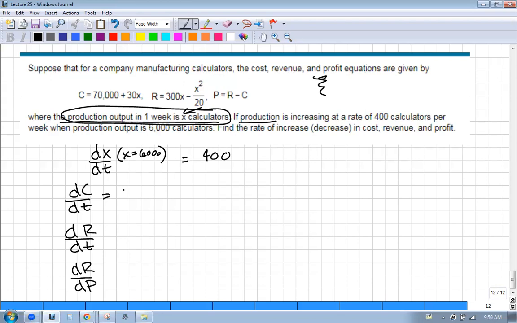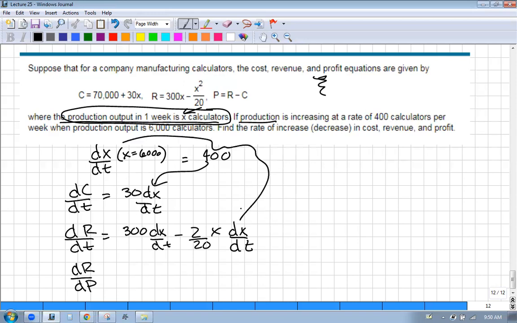This one would be 300 dx/dt. So dx/dt is 400, just plug that in. This one would be 300 dx/dt minus 2 over 20 x dx/dt. So here, take the dx/dt, which is 400, and your x and plug it in. That's r.